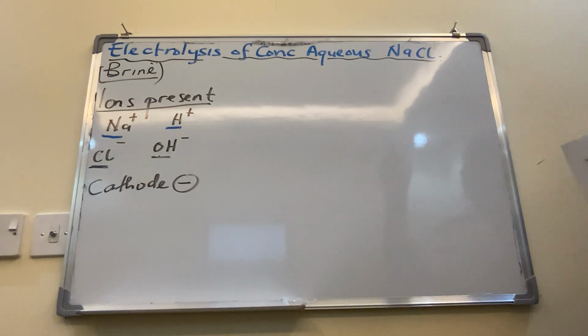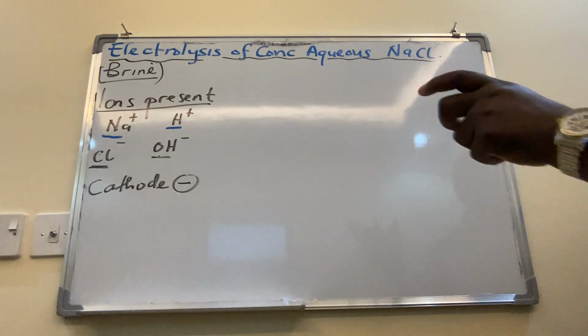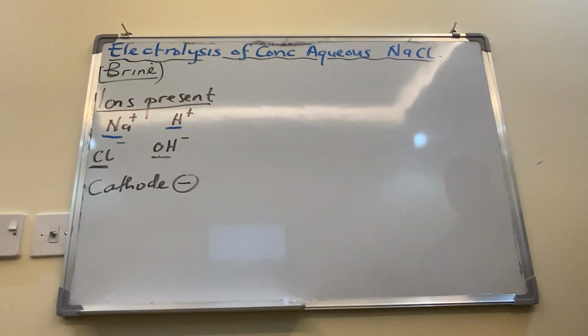In that electrochemical series, we also include hydrogen. All those metals above hydrogen would rather lose electrons than be reduced, because at the cathode we are going to gain electrons.